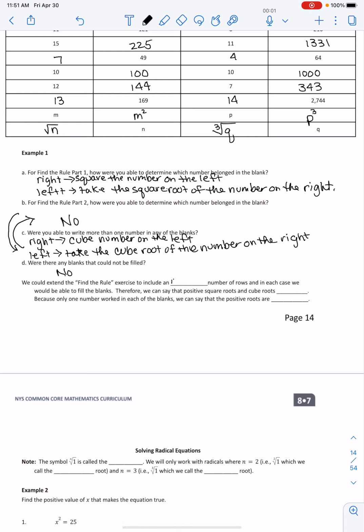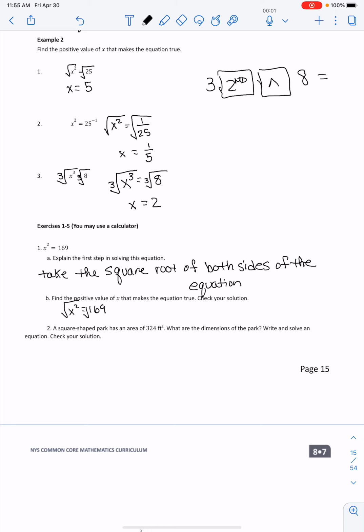Then it says find the positive value of x that makes the equation true and check your answer. So we have x squared equals 169. Take the square root of both sides. So x equals 13. To check our answer, we have x squared equals 169. Replace x with 13. So 13 squared equals 169, and then we have 169 equals 169. And it checks.